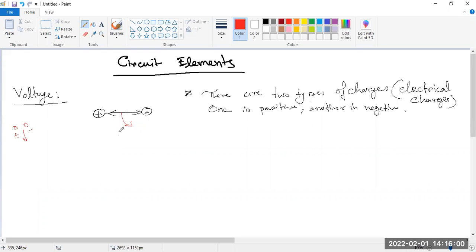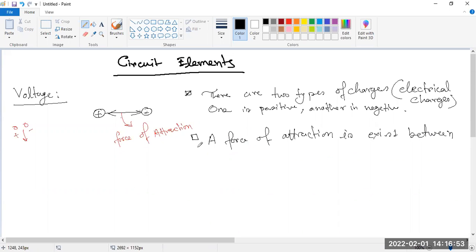But here it is attraction. Whenever two different types of charge are there, a force of attraction is created or exists between them. One is positive charge, another is negative charge.